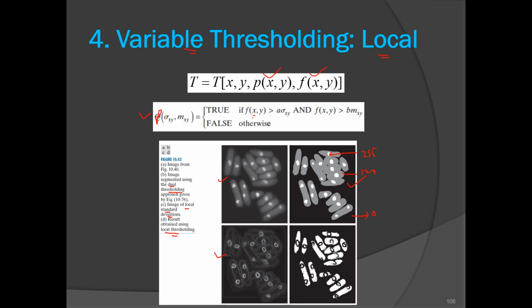If the current pixel is greater than this, where sigma is the standard deviation of the neighborhood around xy, and if it is also greater than this, where m is the mean of the neighborhood around xy, then if it satisfies both conditions, we select it. Along with this we will compare the intensity value also, so we will consider both p of xy and f of xy. This is how we can apply local thresholding.